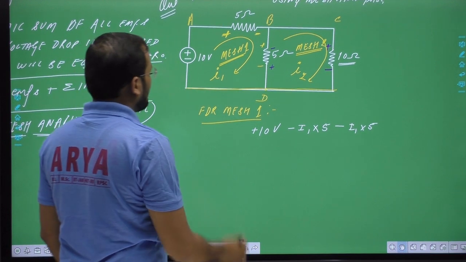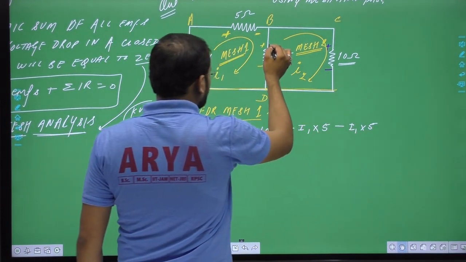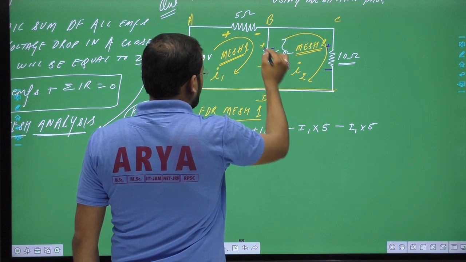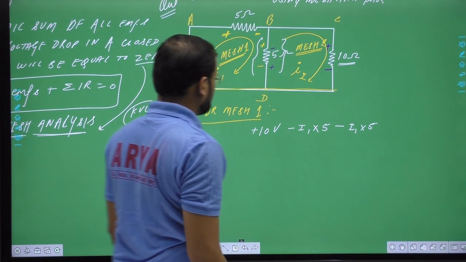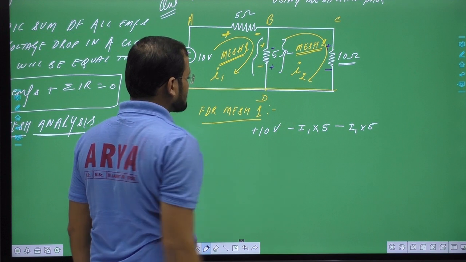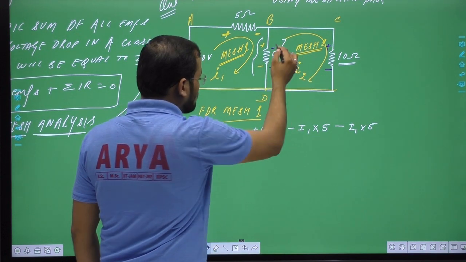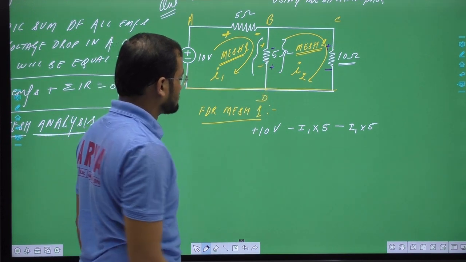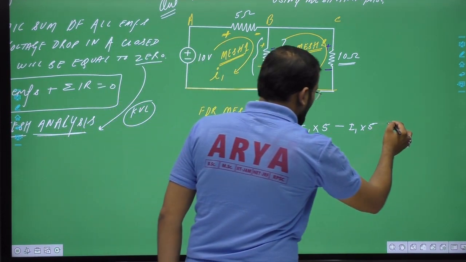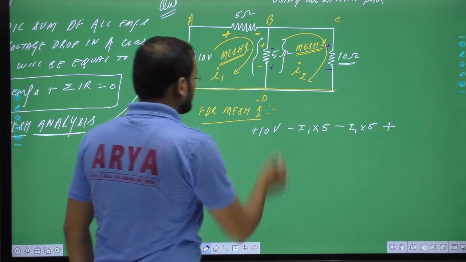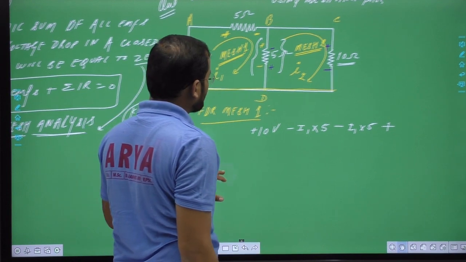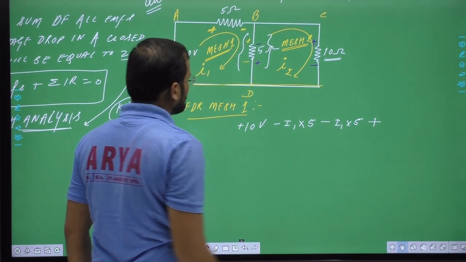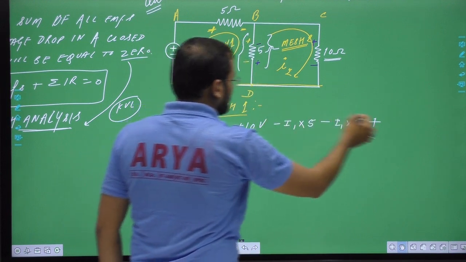Stop here and think. In this 5 ohm resistor, there are two currents. One current is I1 which is leaving, and one current is I2 which is entering. So we also have to consider that entering current. What is the value of that entering current?